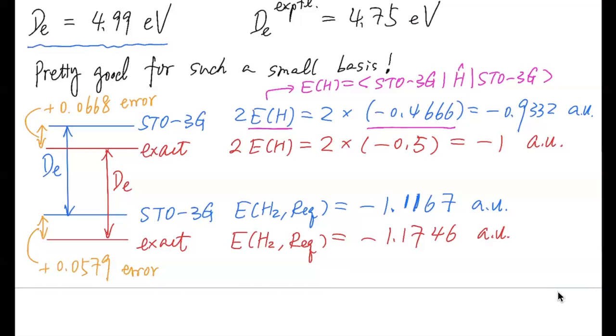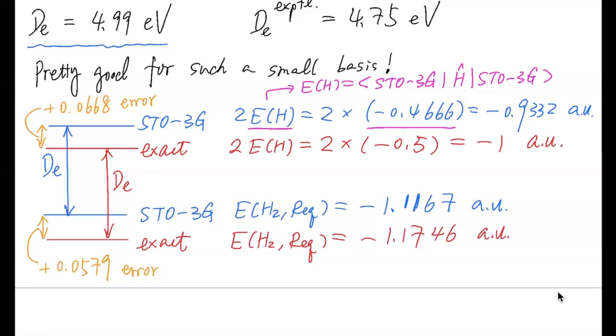Right? So you see, the reason that you get a good overall answer for your calculation is because the errors are similar to each other, right? This is because you use the same basis. If you use the same basis consistently for calculating the same quantity, essentially you will have this sort of error cancellation, right? For hydrogen, you overestimate the exact energy by about 0.06 atomic unit.